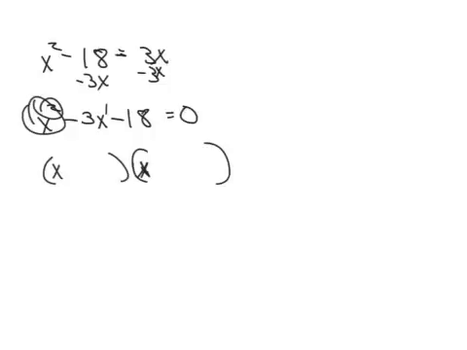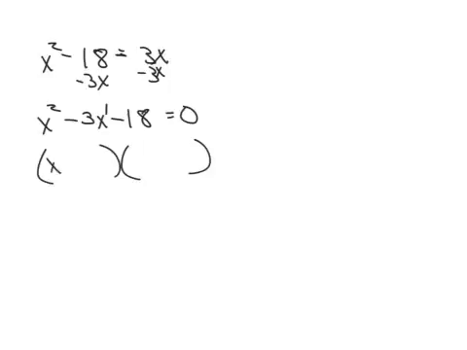All right, now what we're looking for, now let me get rid of some of my junk here. Put my x back. I'm looking for the number that goes here and the number that goes here. I'm looking for two numbers that when multiplied together give me a negative 18 and added give me a negative 3. Okay?